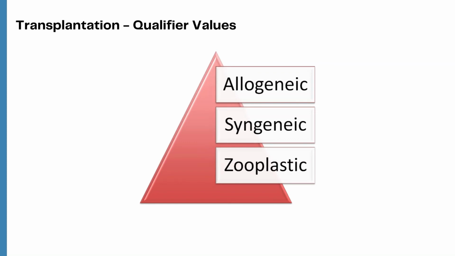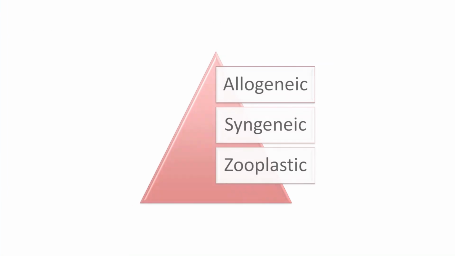Syngenic represents a body part taken from individuals or tissues that have identical genes, for example, identical twins. And zooplastic represents a body part or tissue taken from an animal to a human being. So these are the three qualifier values that you will find under the transplantation procedure for the seventh character.